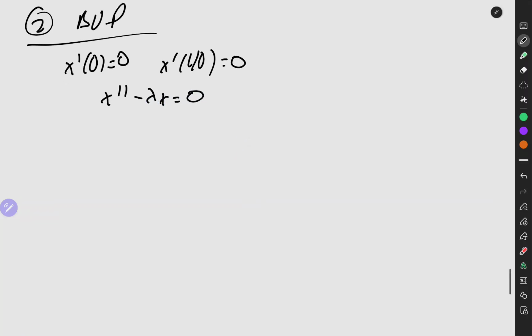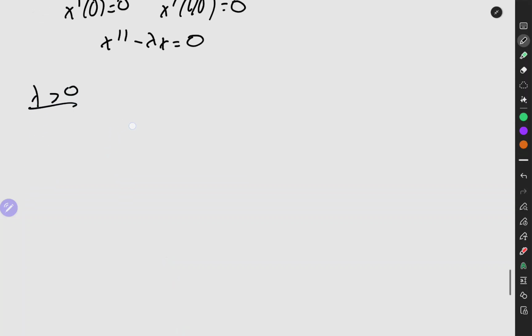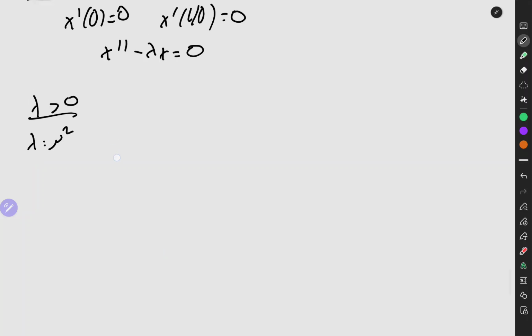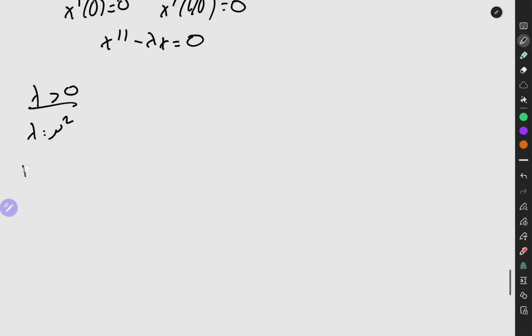Let's start with the case when lambda is greater than 0. What would that leave us with? Well, first of all, that will leave us with, well, I took a little break and now I can't think.